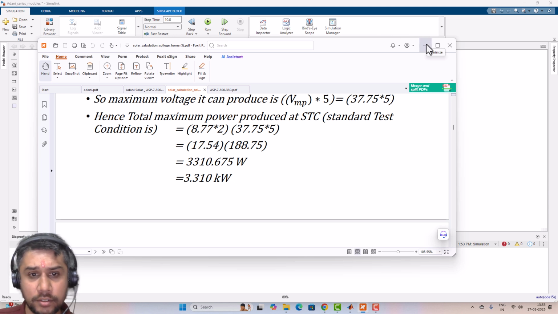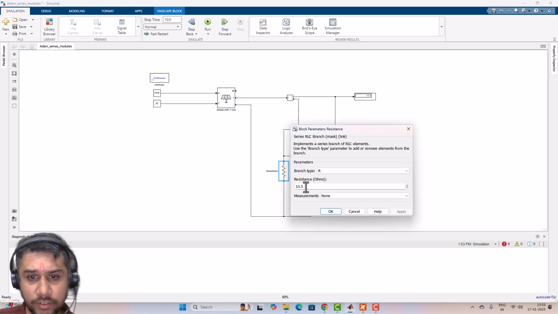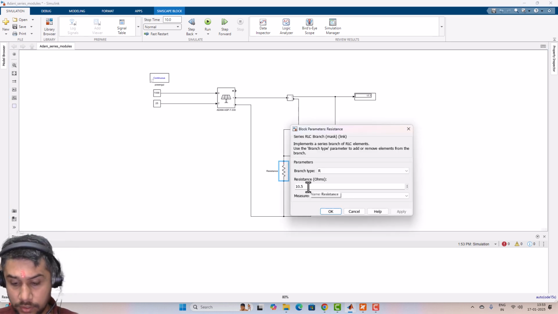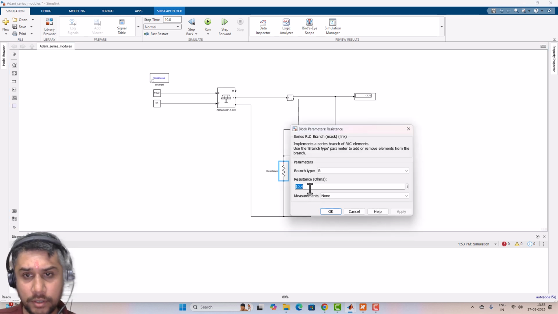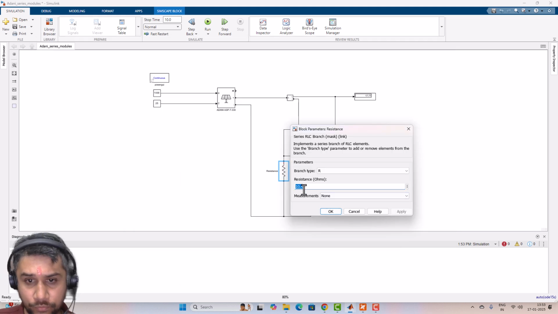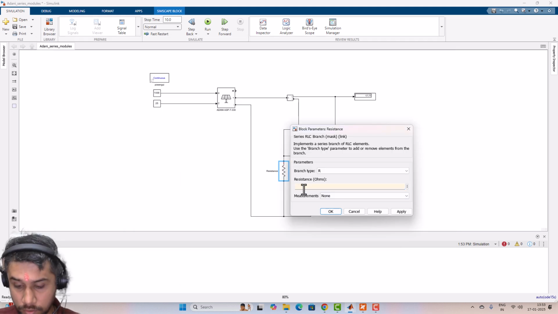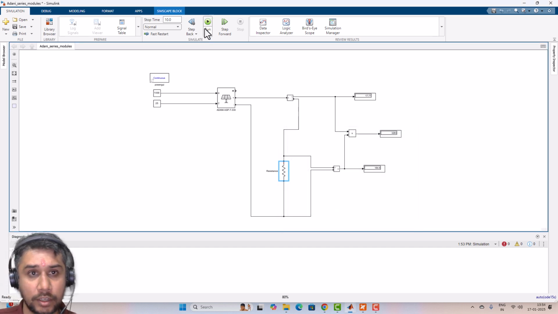So again just a small change in the value of resistance. 17.4, apply, okay, 17.7. So reduce the value of current here is 17.54, so 10.55, apply and okay, again run this.